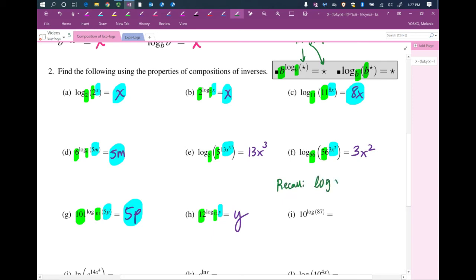So recall, if we have log x, that's the same as log base 10 of x. So if there's a base that's not written, we know the base is 10. So now let's check it. Exponential has base 10. Logarithm also has base 10. So our answer is what the logarithm is operating on, right? So just 87.